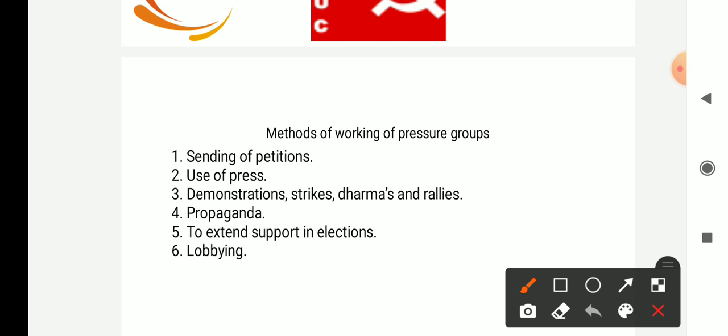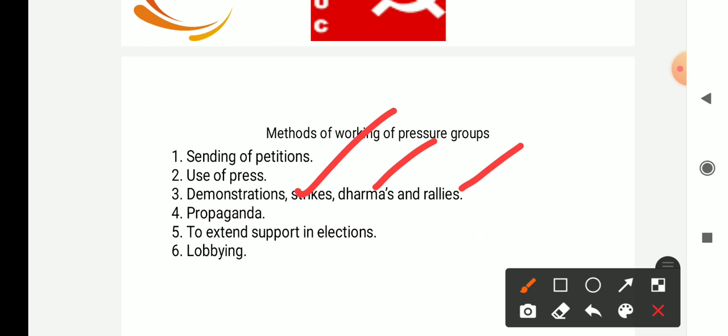Then next we have demonstrations, strikes, dharnas, rallies. These pressure groups use these tactics of strikes, dharnas, and rallies so that they can attract government and people and can win people's opinion also in their favor. Then we have propaganda.